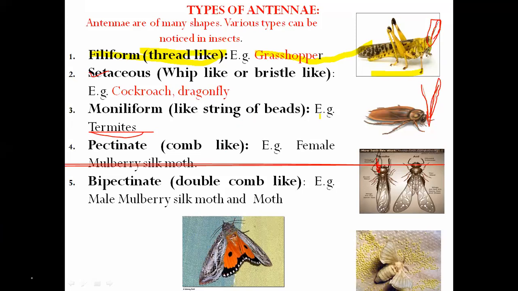This portion is like beaded. All the segments are globular. Look, I am showing you the globular shape.